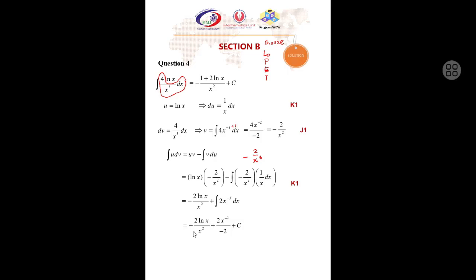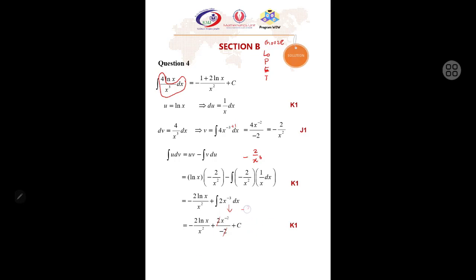So you will have negative 2 ln x over x squared plus 2x to the power negative 2 over negative 2 plus c. You integrate this, you get 2x to the power negative 2 over negative 2. And then simplify, this will become 1, and then negative sign here.